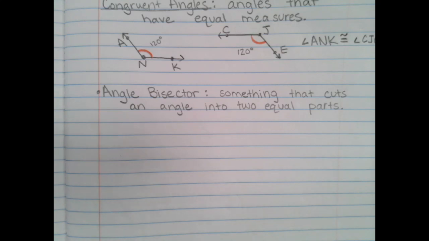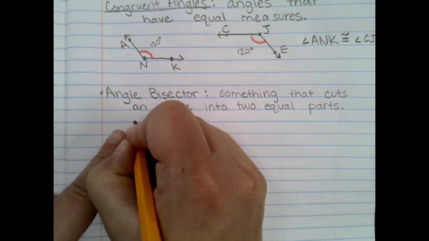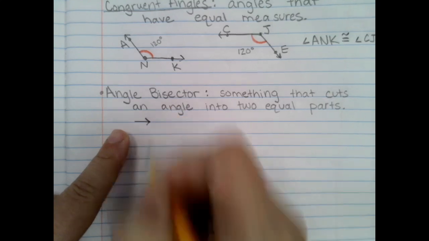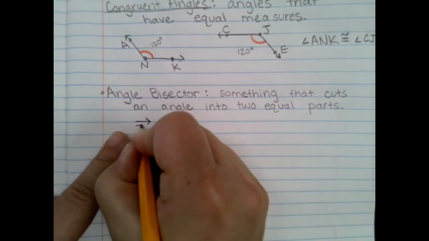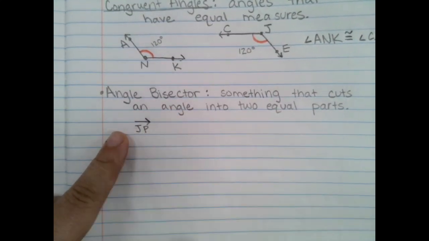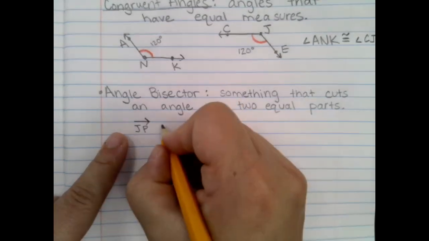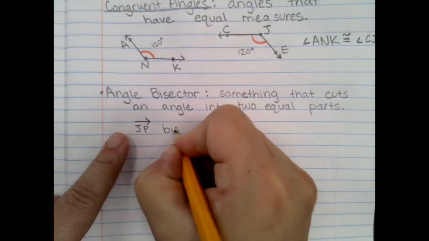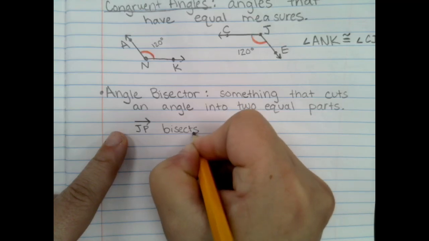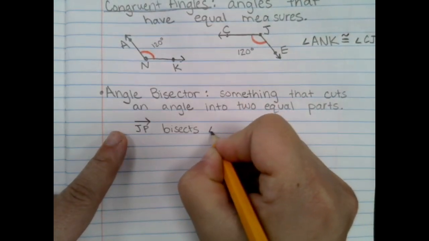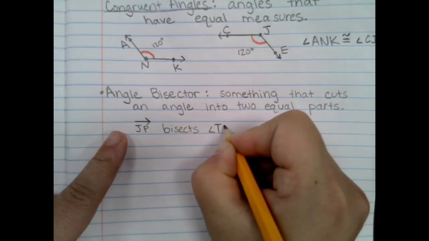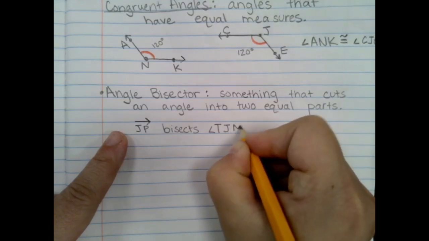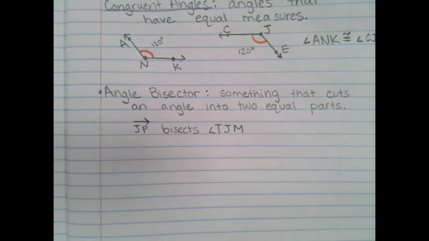All right, so if I have ray JP bisects angle TJM, we're going to draw that out.